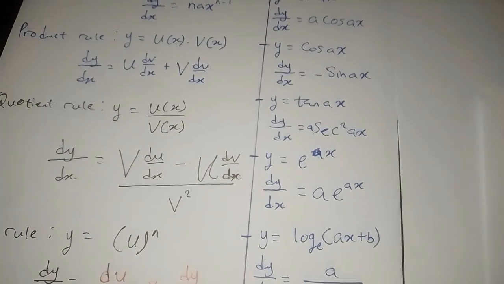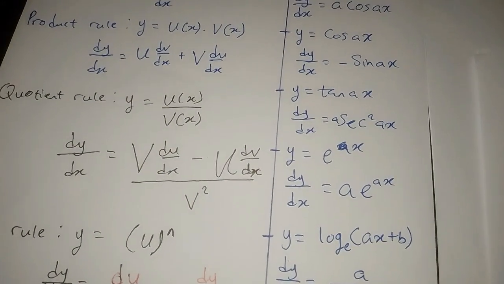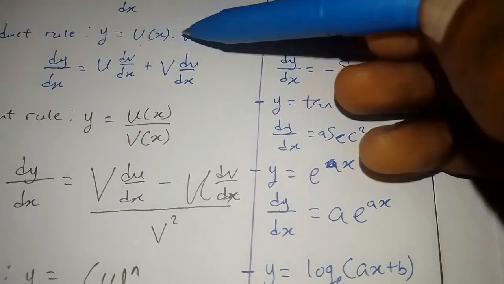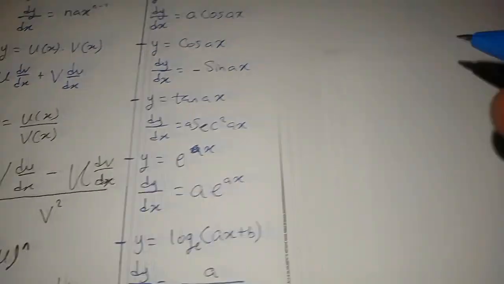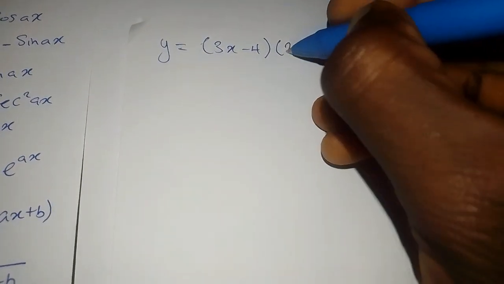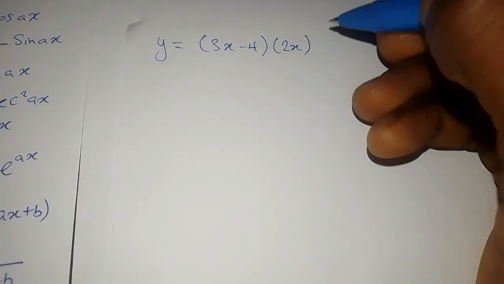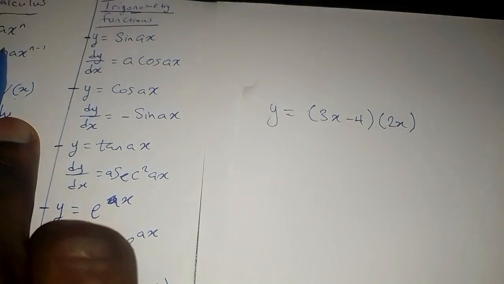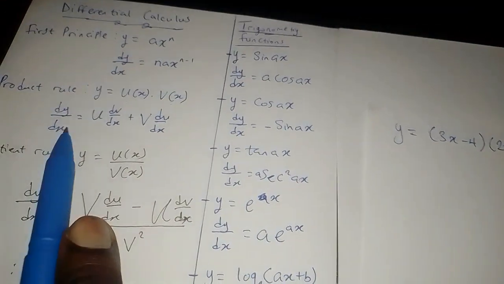This product rule, where can I apply it? It can be applied when you have multiplication of two independent values. Maybe let's say y equals, in brackets, 3x minus 4, then multiplied by 2x. You can open this bracket and apply first principle, or apply product rule itself.